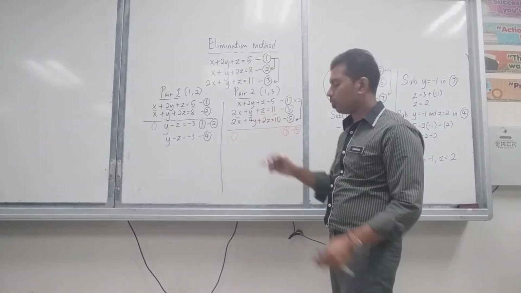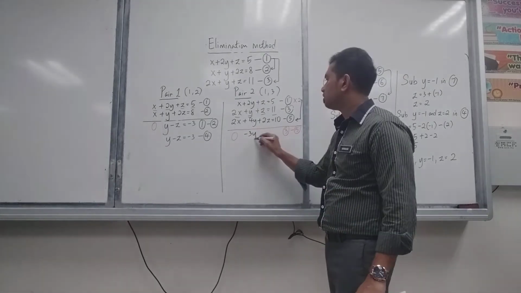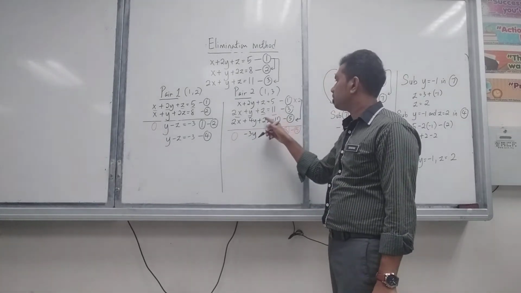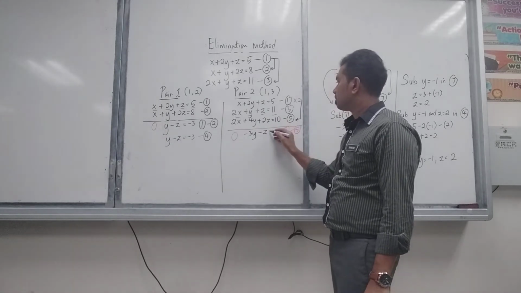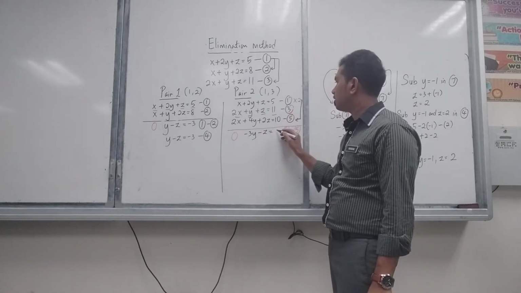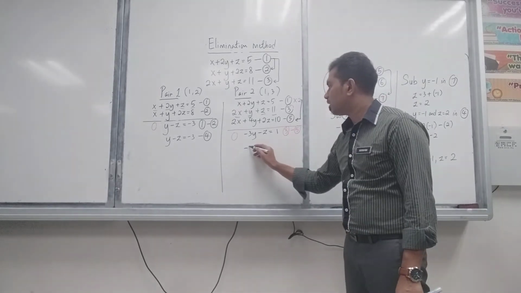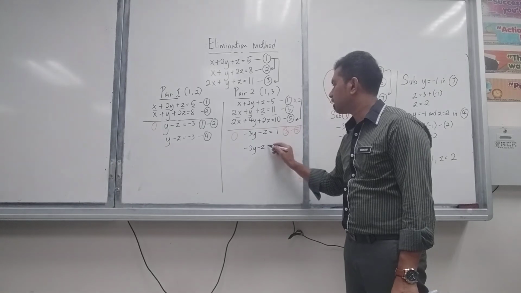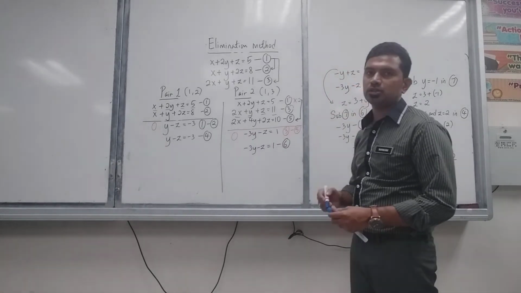Y minus 4y, you will get negative 3y. Z minus 2z, you will get negative z. 11 minus 10, you will get 1. Remember, negative 3y minus z equals 1 will be our 6th equation.